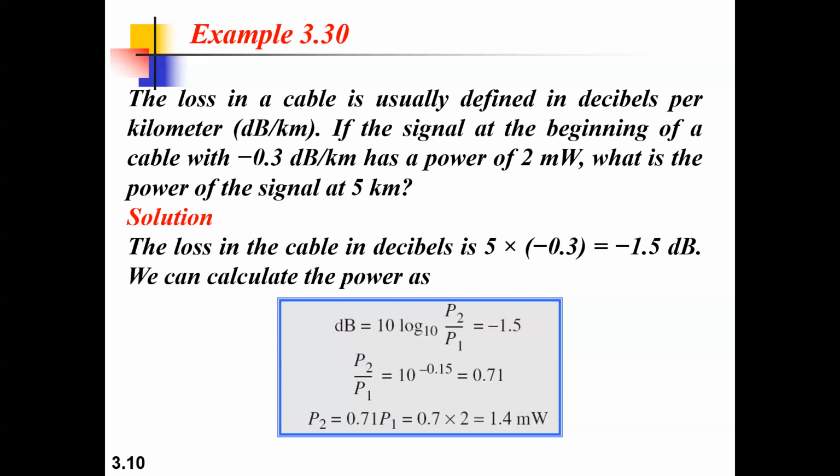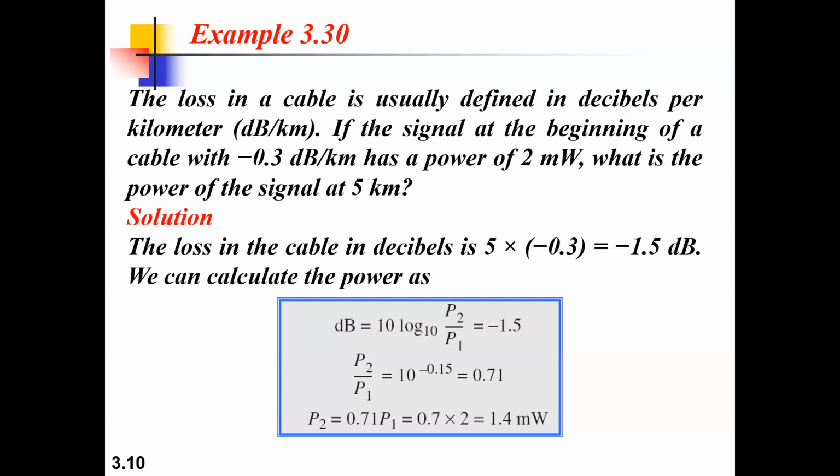From the second line, dividing by 10, we get negative 1.5 divided by 10, which is negative 0.15.